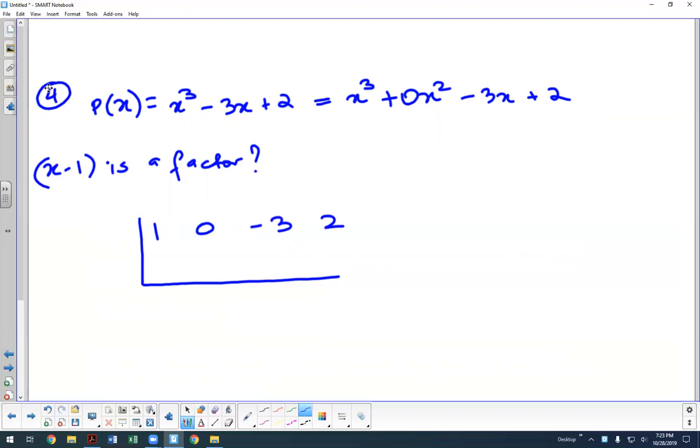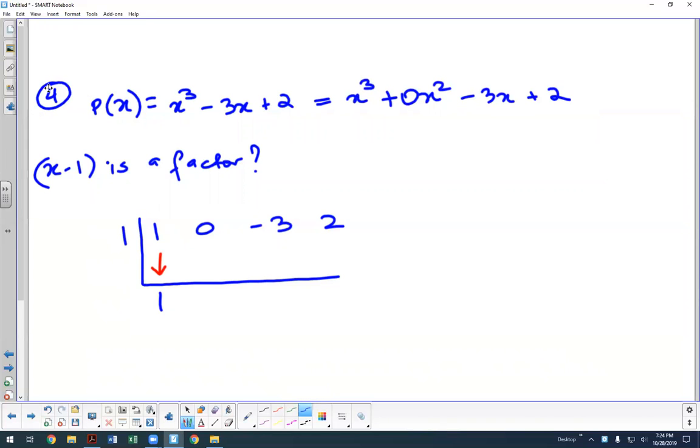Very good. And we're dividing by what number? Since this was given to us as x minus 1, we do need to change the sign here, because anytime it comes with x plus or minus, we change the sign, which means the 1 itself is a positive number. Remember that first number comes down as it is.